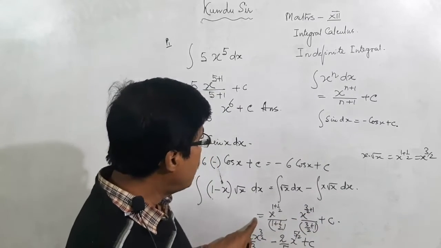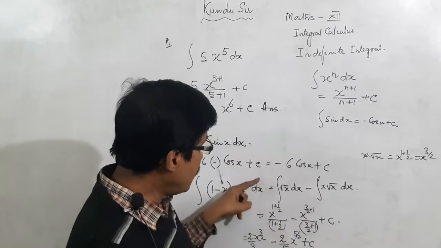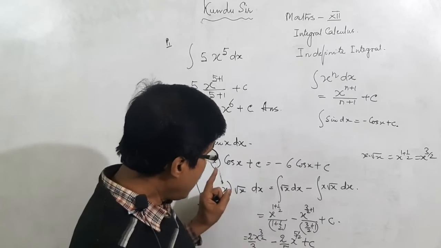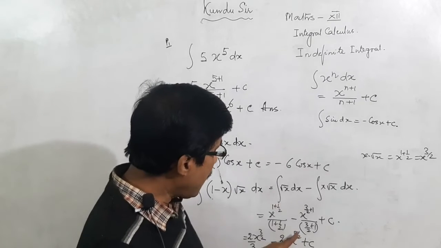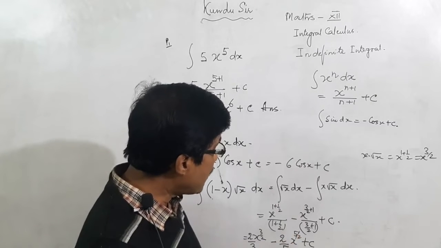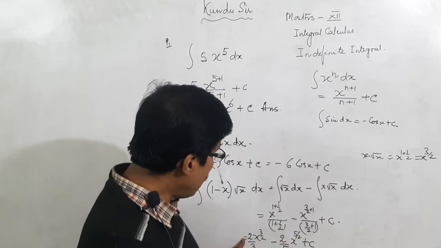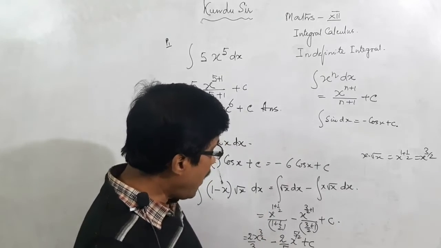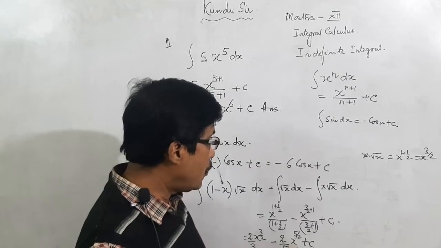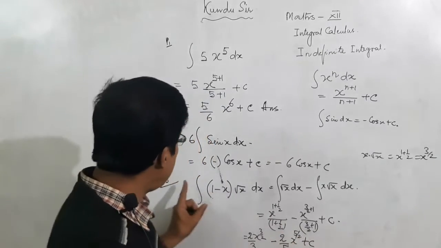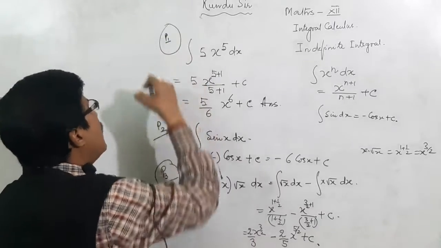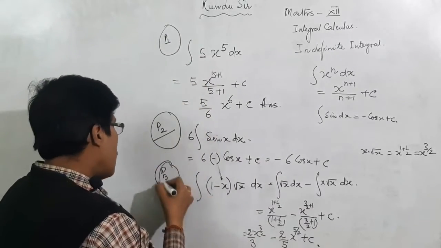Now we integrate: x to the power 3 by 2 upon 3 by 2 minus x to the power 5 by 2 upon 5 by 2 plus c. So the result is 2 by 3 x to the power 3 by 2 minus 2 by 5 x to the power 5 by 2 plus c, the result for problem number 3. That was problem 1, problem 2, problem 3.